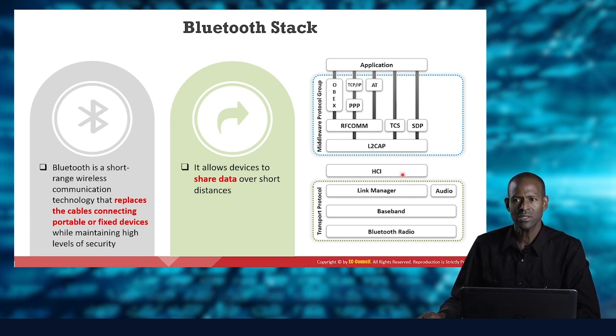And this is the stack. I mentioned a pretty cool stack before with the middleware protocol group. You have all these apps that help with the communication, the HCI that allows you direct connection into the specific hardware, and the transport protocols help with moving that information also. So that's just some of the stack information for Bluetooth.